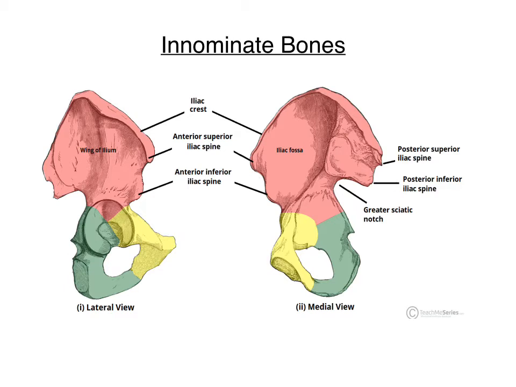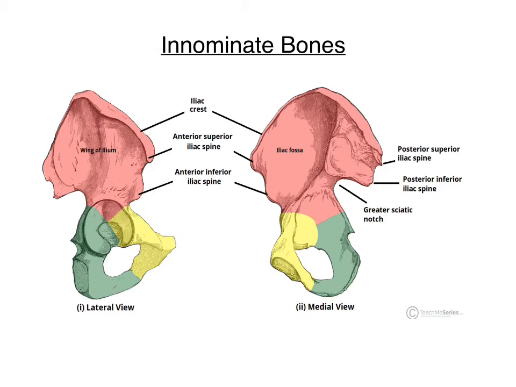You have the iliac crest in the middle, and in the front you have 2 projections, and at the back you have 2 projections. The front projections are the anterior superior iliac spine and anterior inferior iliac spine. At the back you have the posterior superior iliac spine and posterior inferior iliac spine. And the concave anterior surface of the ilium is called the iliac fossa.